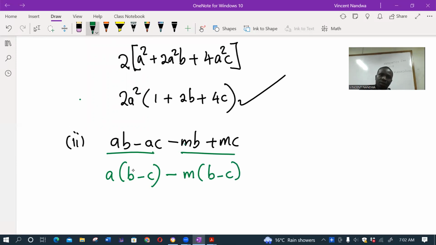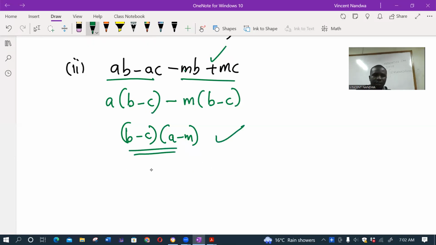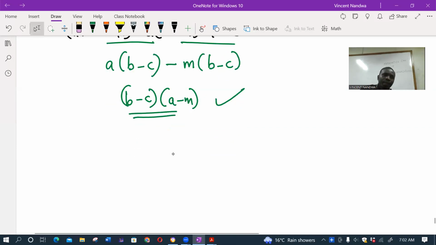This is minus because when you open the brackets, the minus times this minus will give you the original positive sign. So you pick one of the brackets, b minus c, then you join it to a minus m. So therefore, this is the factorization of the second problem.